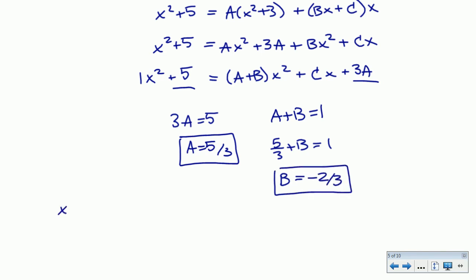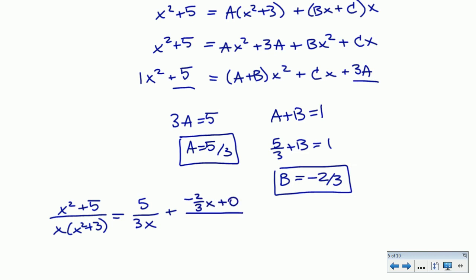So now we can write x squared plus 5 divided by x times x squared plus 3 as A over x, and we determined A was 5/3, so we have 5 over 3x, and then we have Bx plus C divided by x squared plus 3. So we determined B was negative 2/3, C was 0, and that's over x squared plus 3. And remember, we also had a factor of 3/2 out front, so we multiply both sides of this equation by 3/2.